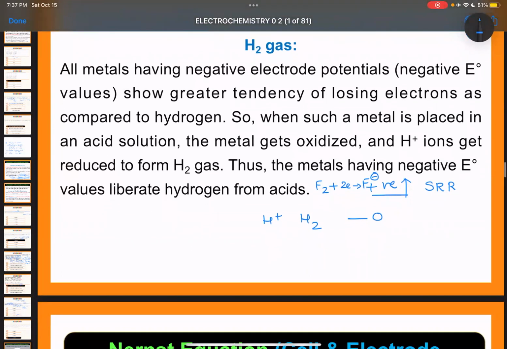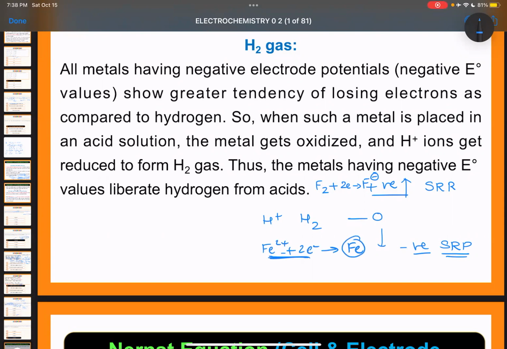But if you move down the electrochemical series, they will have negative SRP values. For example, if you take iron, Fe2+ plus 2 electrons gives Fe. Fe2+ doesn't want to accept electrons, or Fe can give electrons very easily.